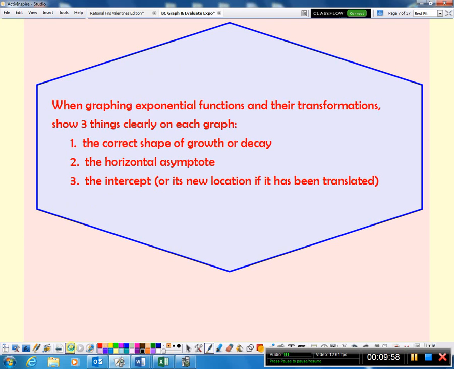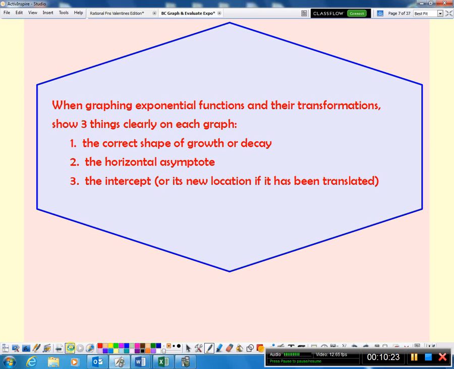Therefore, since all of these shapes that fall into the exponential growth or exponential decay category look very, very similar to one another, I want you to show 3 specific things when you graph these. And when we graph, we're going to graph without a calculator. And as much as possible, we're going to avoid T-charts from now on out. So I need you to start with the right shape.